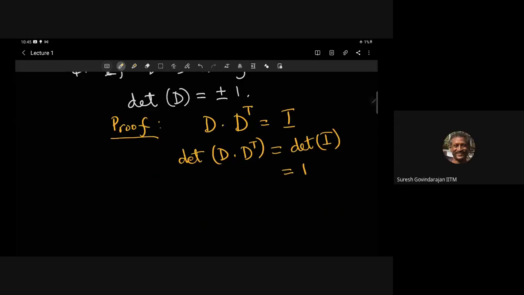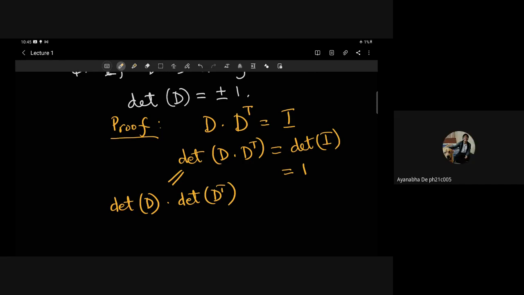Okay. But left hand side is the product of two matrices. So this is equal to, okay. What can we say? Is there a relationship between the determinant of a matrix and the determinant of the transpose of the matrix?